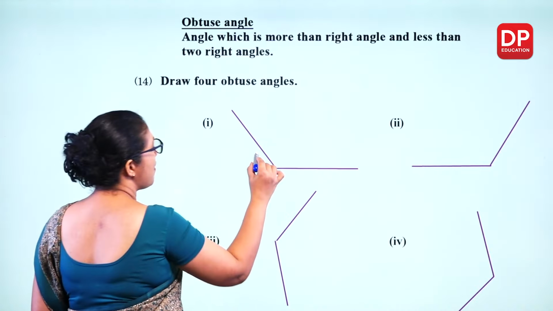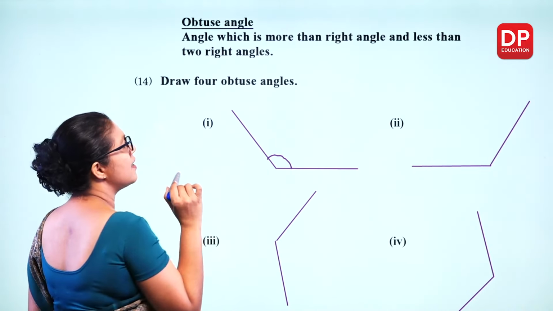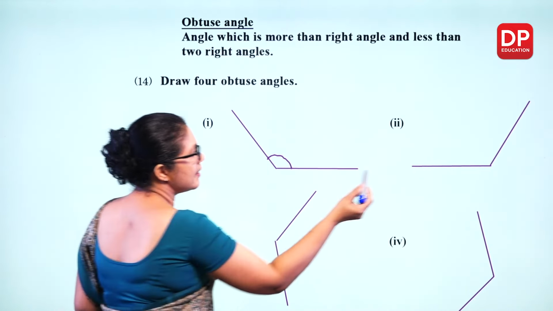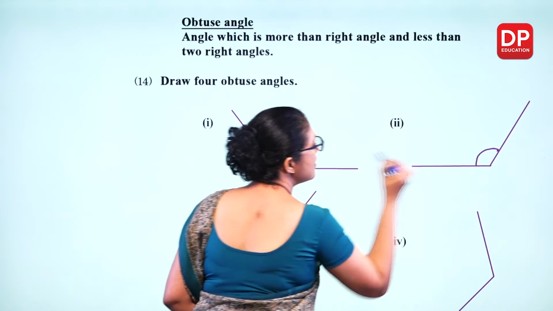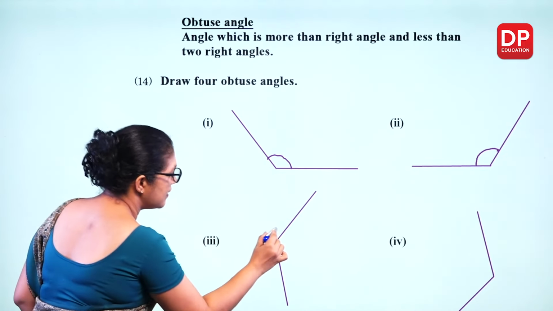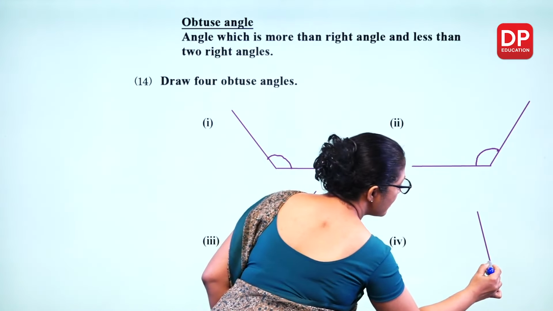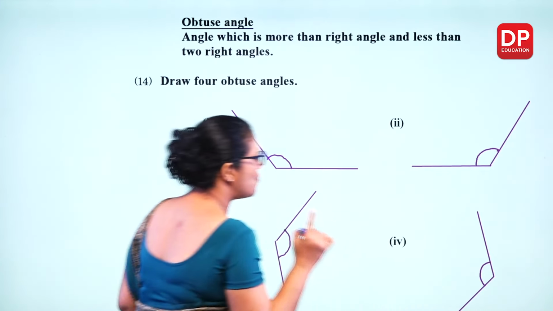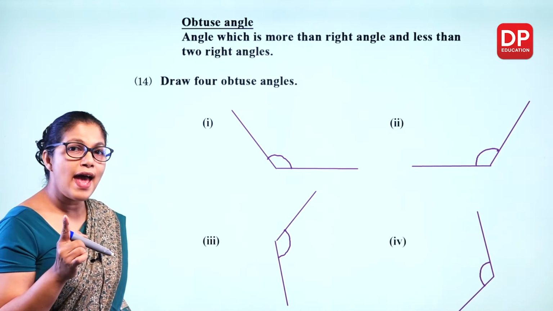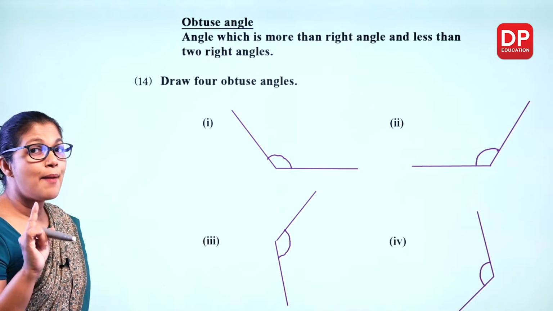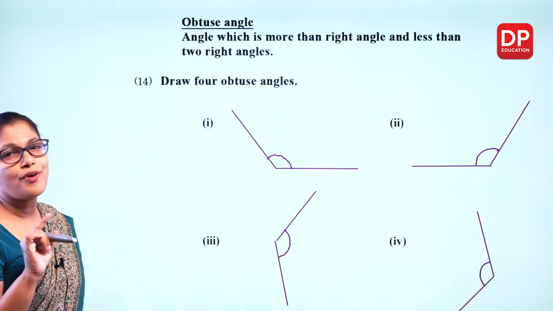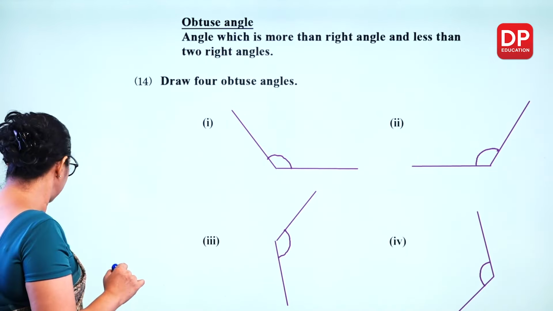So now I can mark it. This is the obtuse angle. Here this one is the obtuse angle. This is the obtuse angle there. And here this one is the obtuse angle, more than 1 right angle but less than 2 right angles.